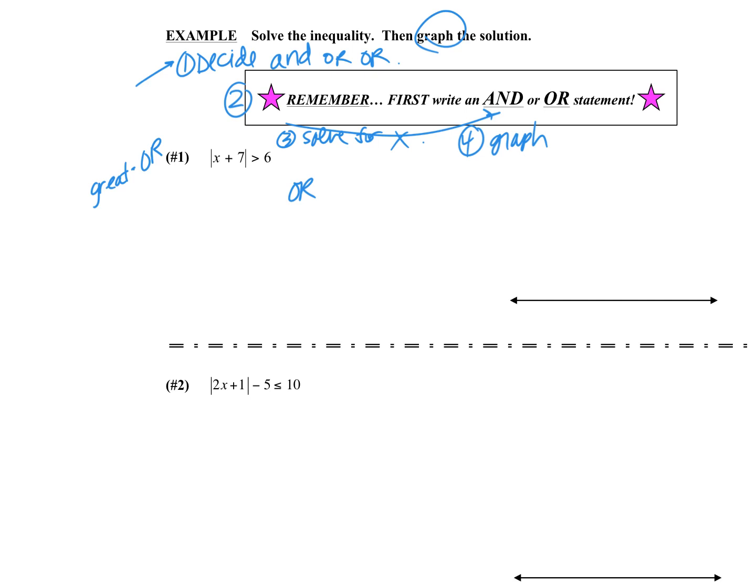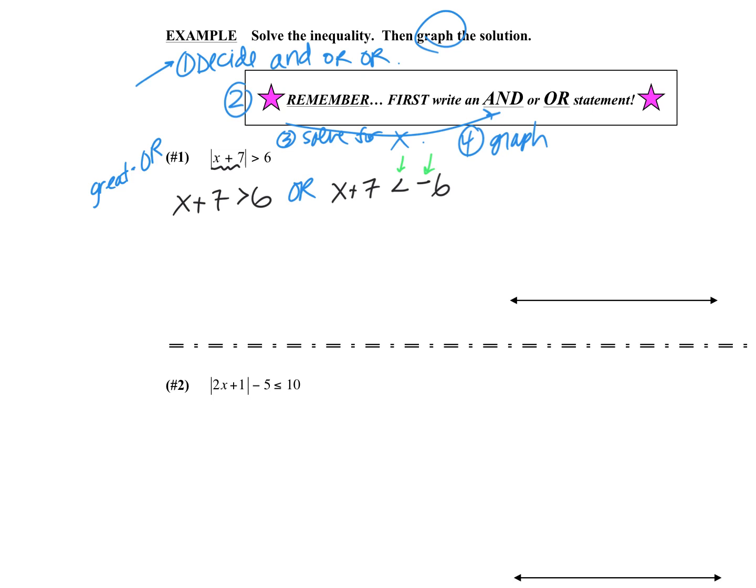And so to write my statement, the first one I do is just write down exactly what it says. x plus 7 is greater than 6. Because I just take what's inside that absolute value, and I copy it exactly. Or the opposite of that would be x plus 7, and I'm going to change my inequality sign. I'm going to flip that the other way, and then I'm going to change that to a -6.